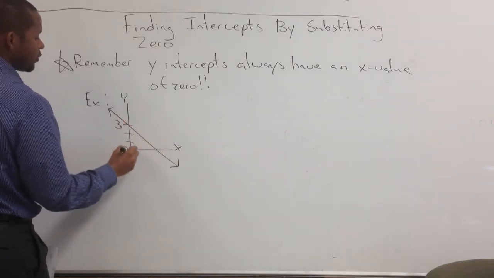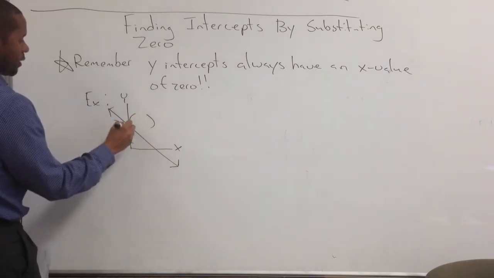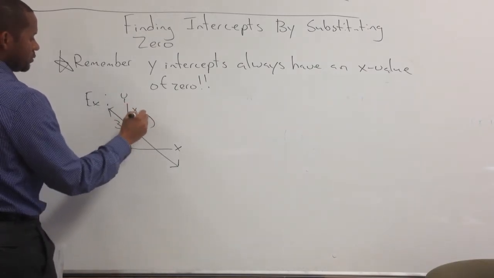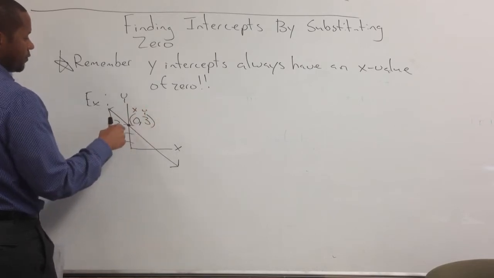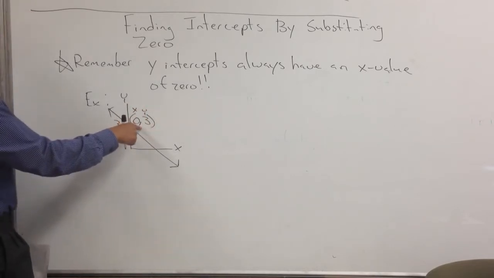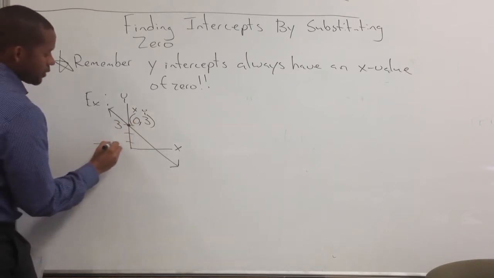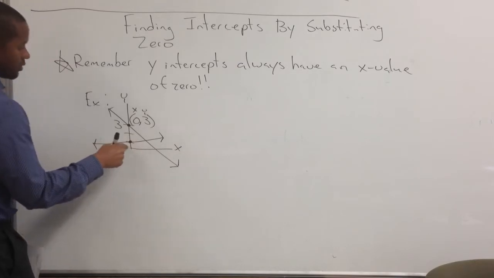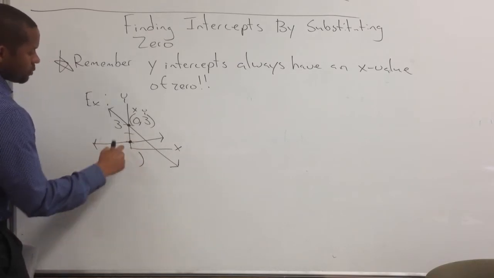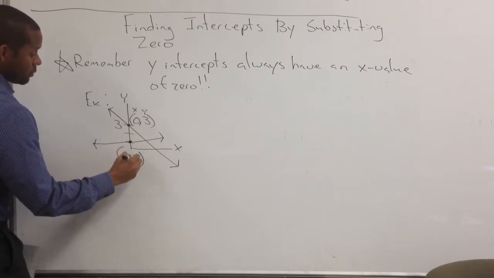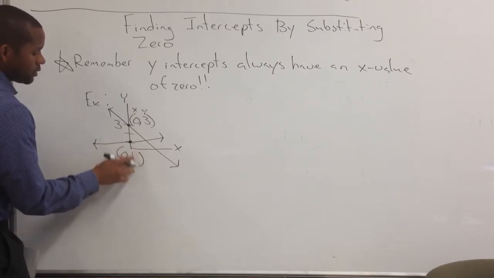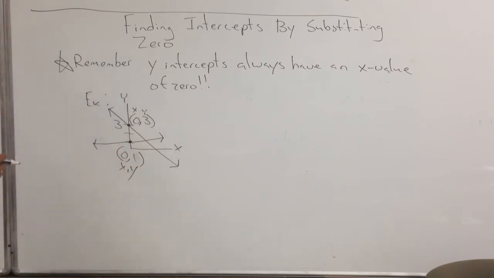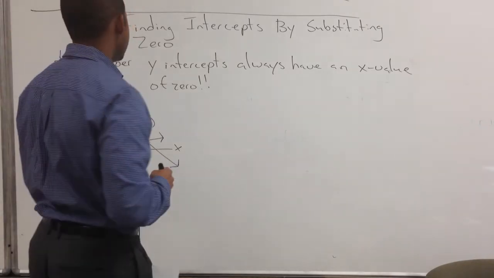That y-intercept is on 3. So this is the point where x is 0 and y is 3. There's my intercept. That point right there is the point 0, 3. If I drew a different line, a different intercept, say this y-intercept is right there, that will be the point where x is still 0, but now y is only 1. So y-intercepts always have an x value of 0.